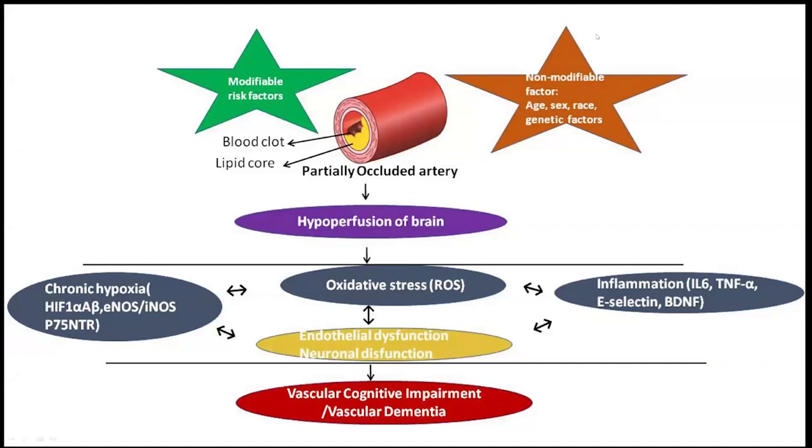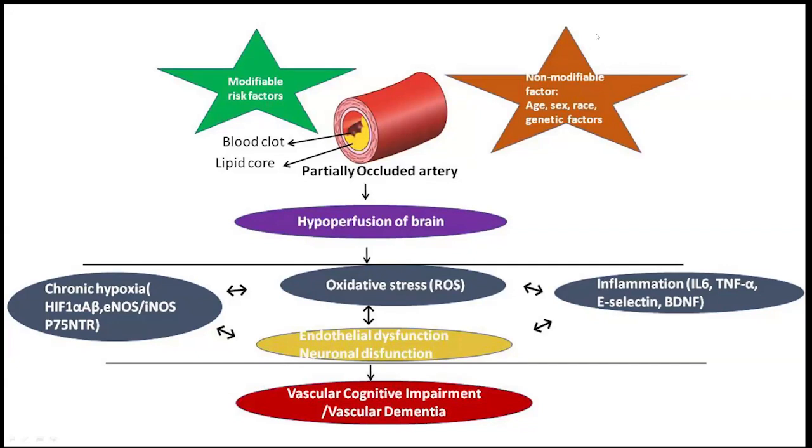The oxidative stress is again a result and a factor that perpetuates the vascular damage in terms of endothelial dysfunction, further neuronal cell loss, with ultimate manifestation as vascular cognitive impairment, vascular dementia.